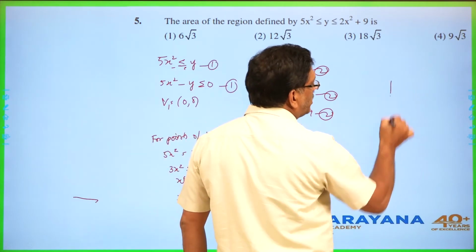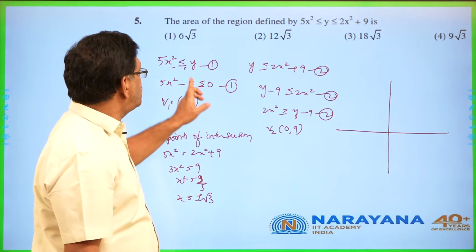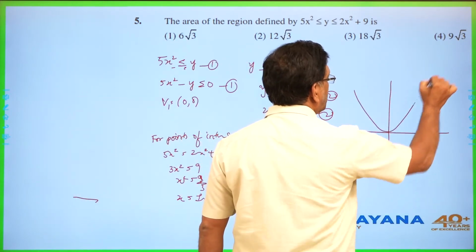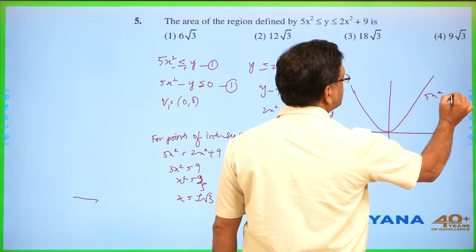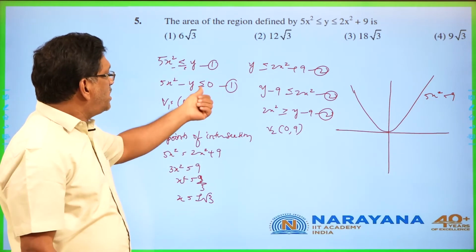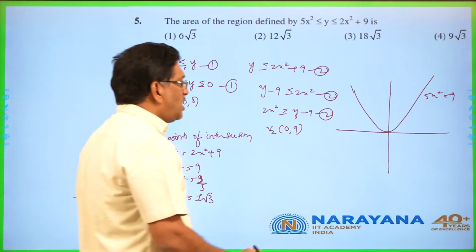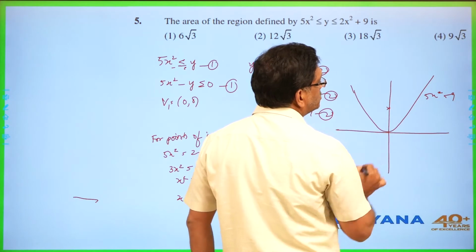Now please look here for the diagram. What is this one? 5x square. A rough diagram will be like this, right? It is 5x square equal to 9, whereas if you take it, it is the inner part you have to consider. And if you take this one, the vertex is somewhere at (0, 9). Mark it, right?